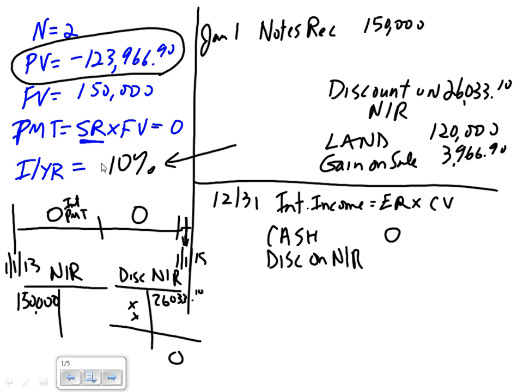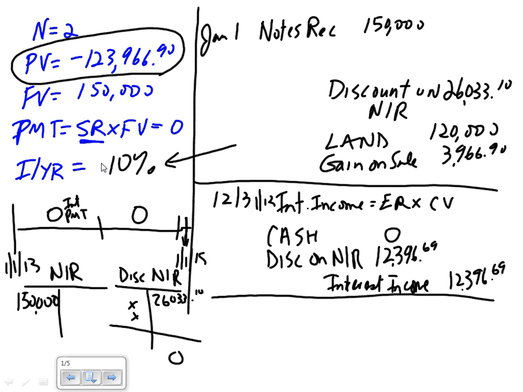The discount on notes receivable is debited for $12,396.69, which is the 10% times the $123,966.90, and then I'm going to credit interest income for $12,396.69, for 12/31/13.